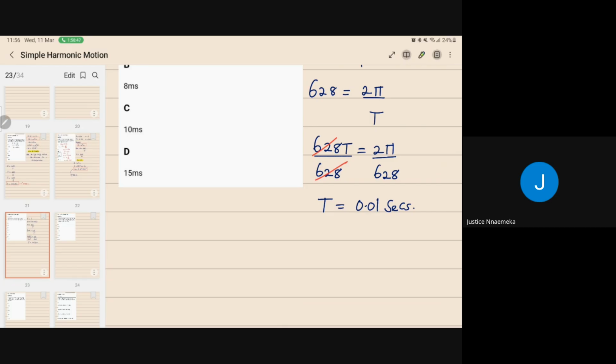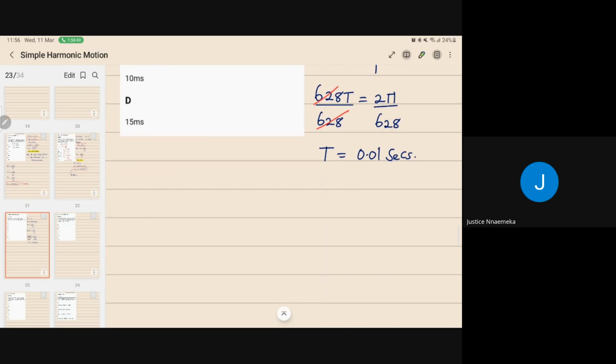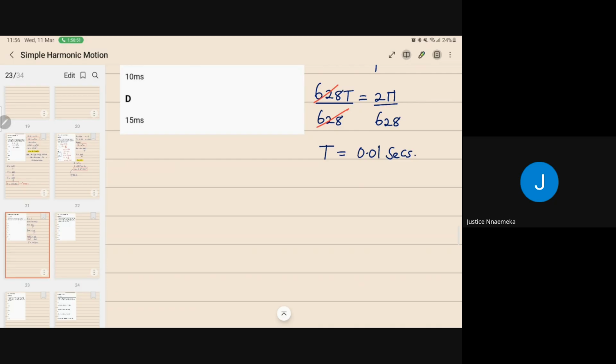But let's check our options. You can see that the options are in milliseconds. The answers are in milliseconds, right? So now, how do we convert milliseconds to seconds? Where are the scientists in the house?